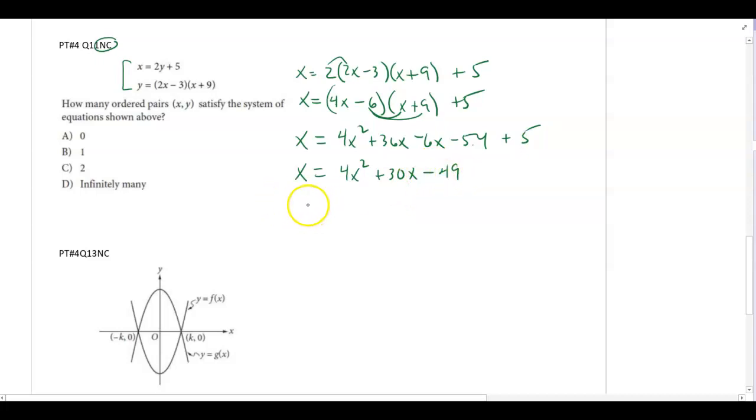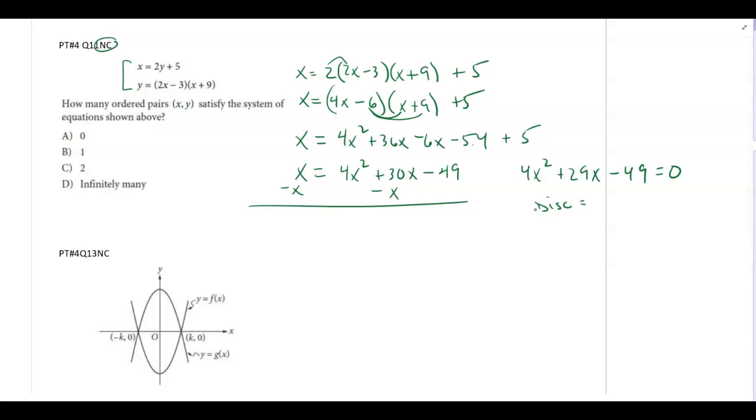So right away here, I'm going to go ahead and set this equal to 0 and look to solve this quadratic. Now, first thing I'm going to do, remember, if this quadratic has two solutions, that means it's going to have two intersection points. If it has one solution, it's going to have one, and if it has no solution, it's not going to intersect at all.